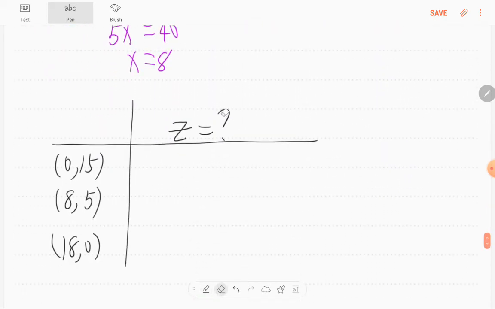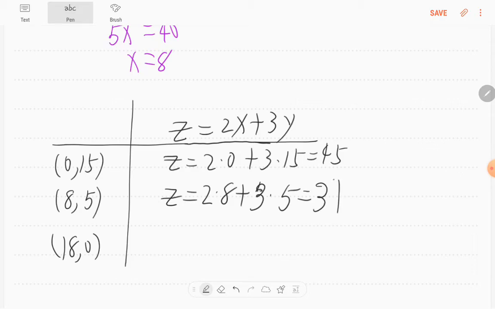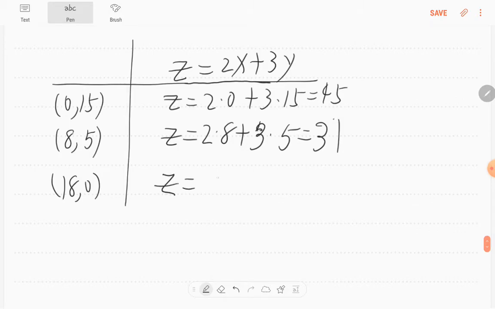Okay, I write here, just in case we forget. 2x plus 3y. So z here would be 2 times 0 plus 3 times 15, which is 45. This point gives you 2 times 8 plus 3 times 5, which is 16 plus 15, which is 31. And the z here is 2 times 18 plus 3 times 0, which is 36.